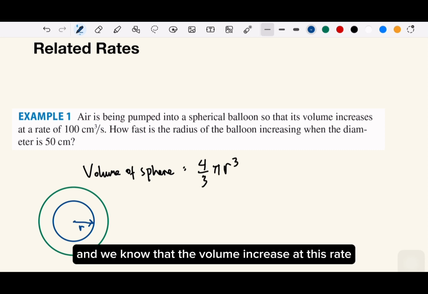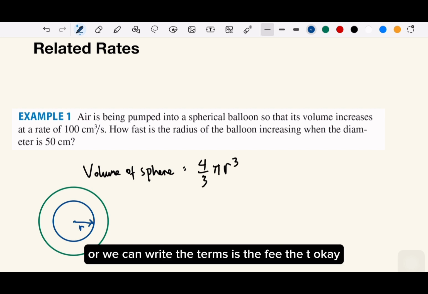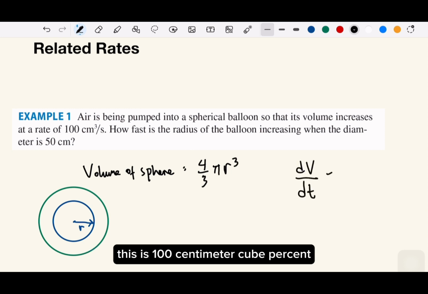And we know that the volume increases at this rate, 100 cubic centimeters per second. So what does this mean? This is the rate of the volume, or we can write the term as dV/dt, which is 100 cubic centimeters per second.